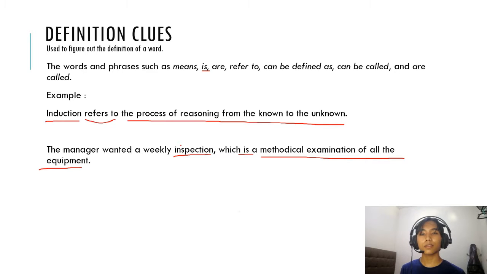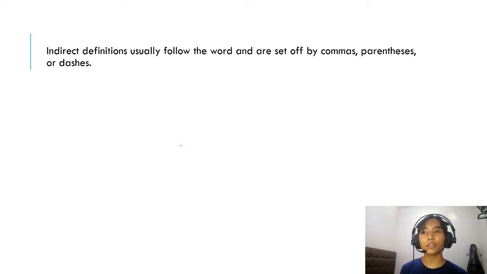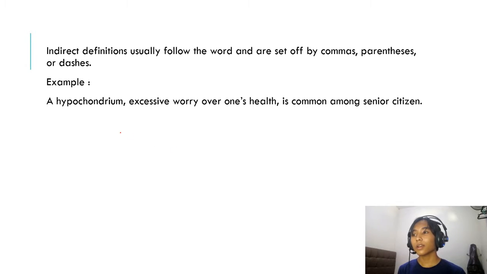But what about indirect definitions? Indirect definitions usually follow the word and are set off by commas, parentheses, or dashes. Example: a hypochondriac, excessive worry over one's health, is common among senior citizens.